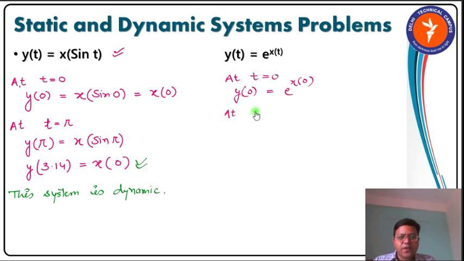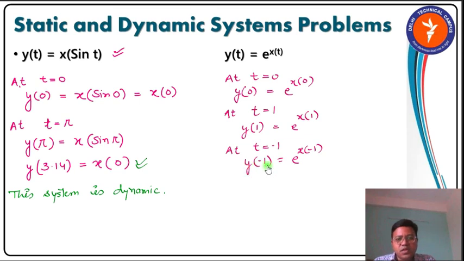Similarly, if I change the time instant to t equal to 1, then y of 1 will be equal to e raised to power x of 1. Now this shows that the present output is dependent on present input. Similarly, at t equal to -1, we will have y of -1 equal to e raised to power x of -1.